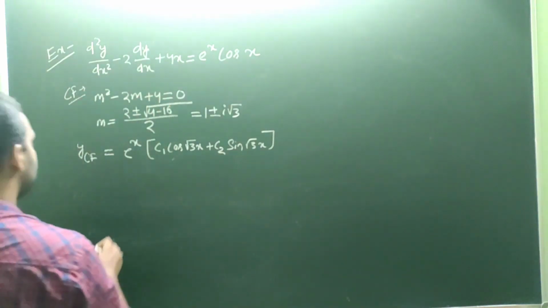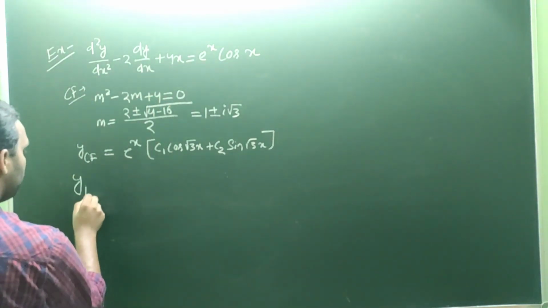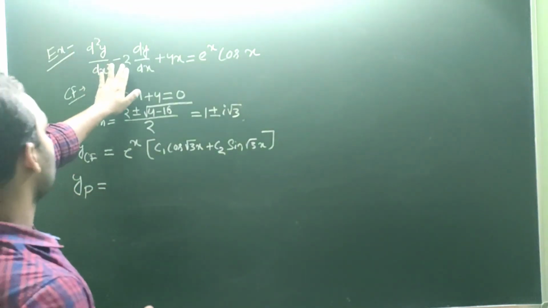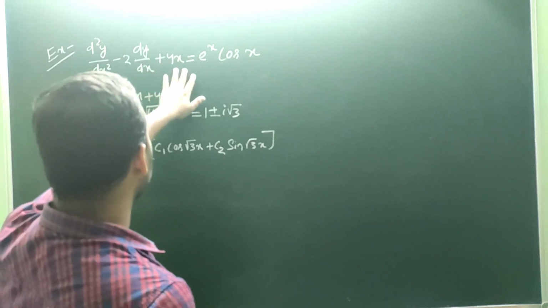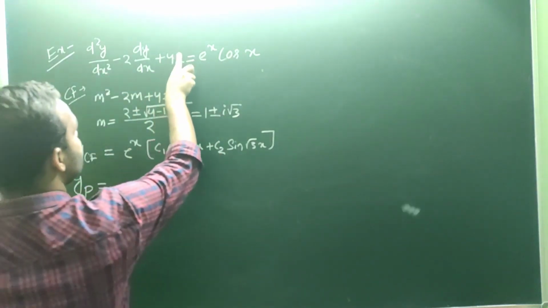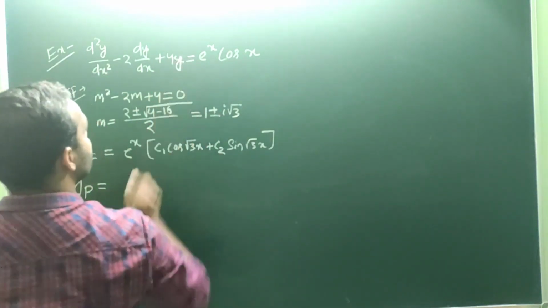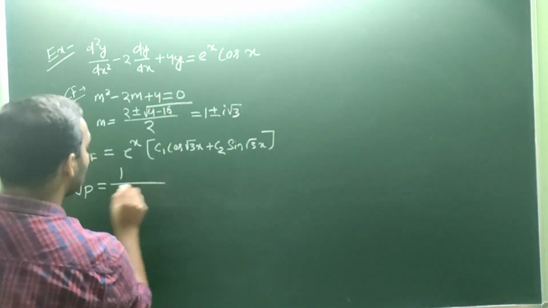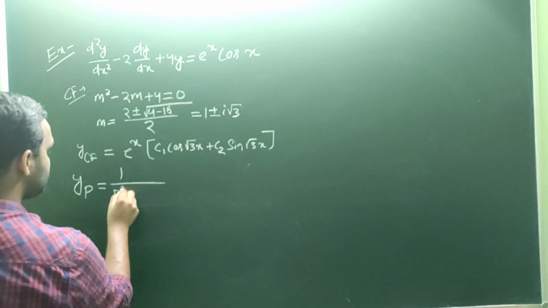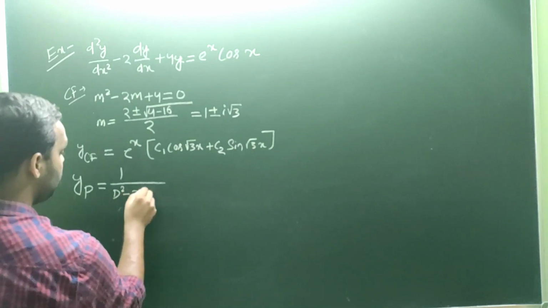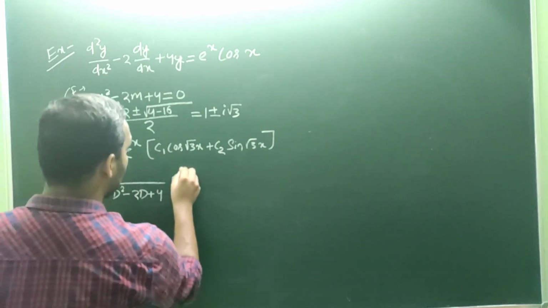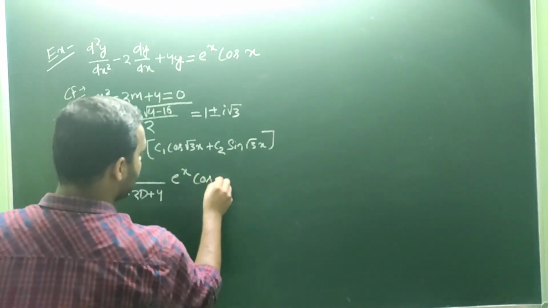And for particular integral, you can write down yp is equal to 1 by d square minus 2d plus 4 into e to the power x cos x.